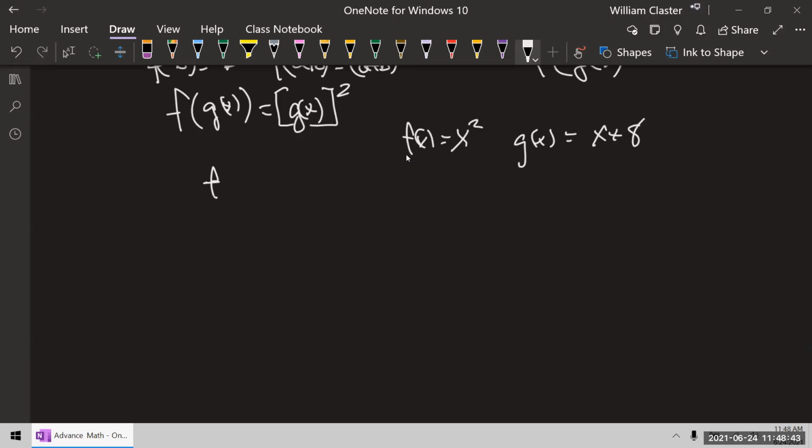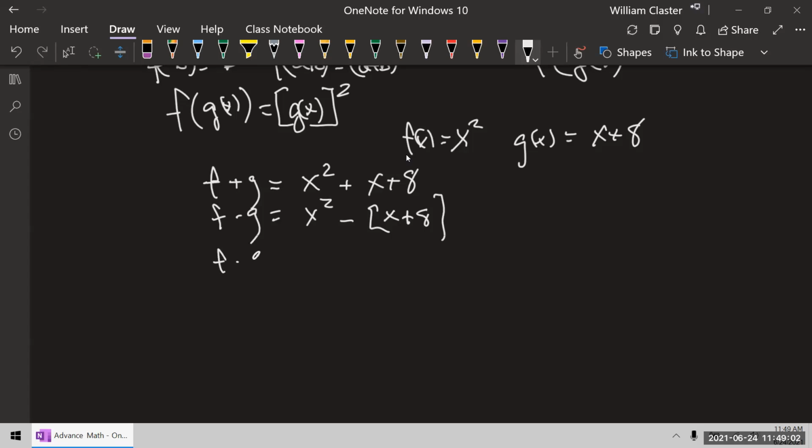Okay, so what does f plus g mean? It means x squared plus x plus 8. Okay, that's good. What does f minus g mean? That means x squared minus x plus 8. What does f times g mean?